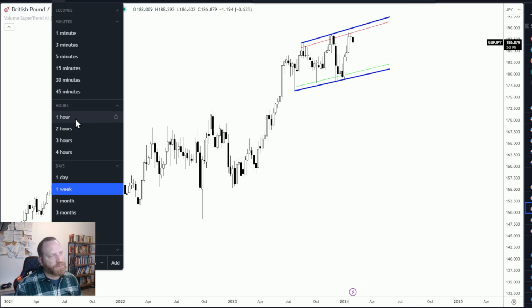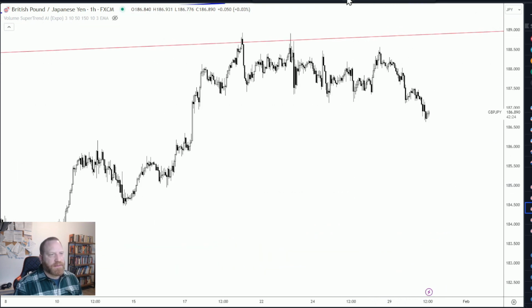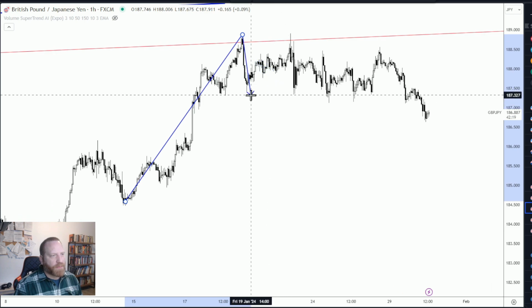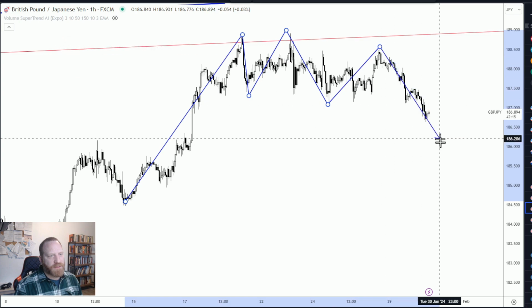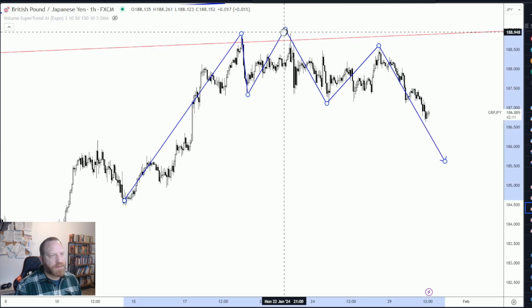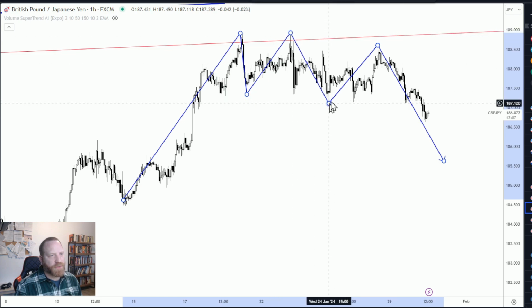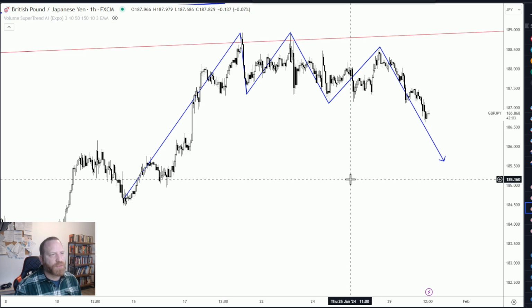And then I go on to a smaller time frame, and I see this. This is what I would consider a distribution pattern. This is a Wyckoff type of structure, and this is the type 2.